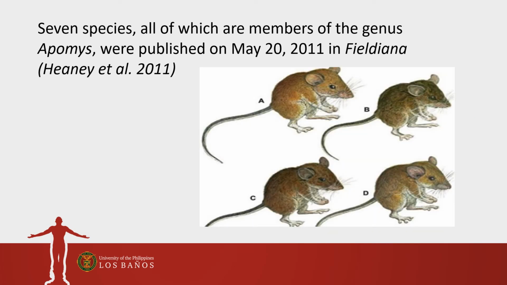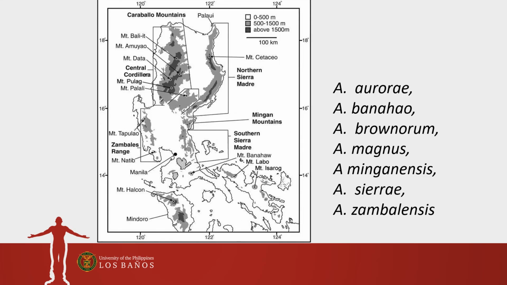Seven species, all of which are members of the genus Apomys, forest mice, were published on May 20, 2011 in Phildiana by Heaney et al. 2011. These were Apomys aurorae, Apomys banahaw, Apomys brownorum, Apomys magnus, Apomys minganensis, Apomys sierrae, and Apomys zambalensis.